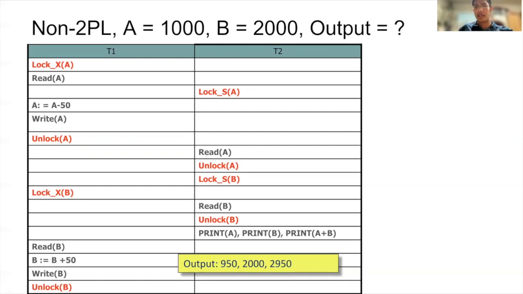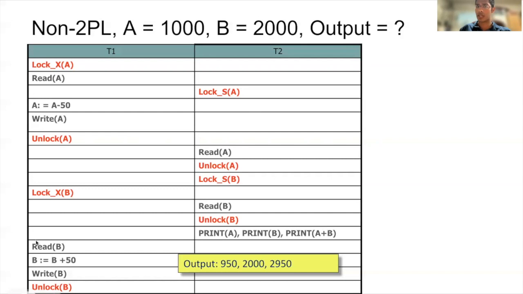More to the point, you can't really say there's a serial ordering here. You can't say that to the database it looks as if T2 came before T1, because T2 reads A after T1 writes to it. So you could say, oh, well, what if T1 came before T2? But if T1 came before T2, that wouldn't really work either, because T2 is reading the value of B before T1 writes to it.